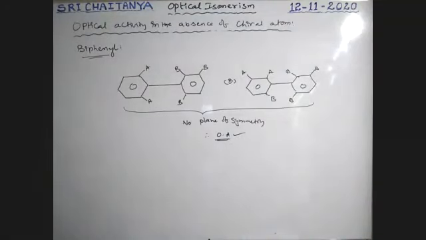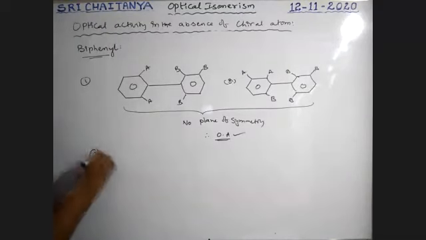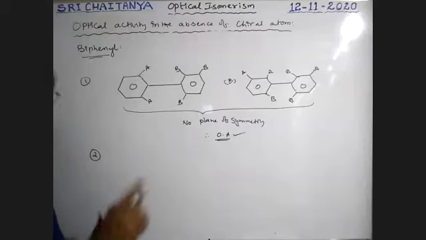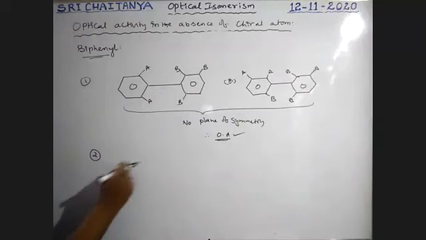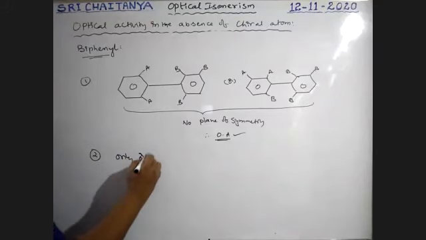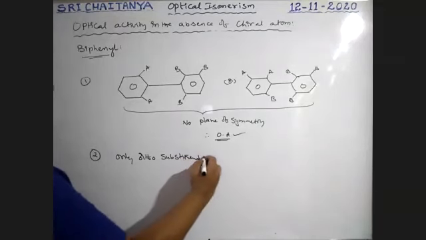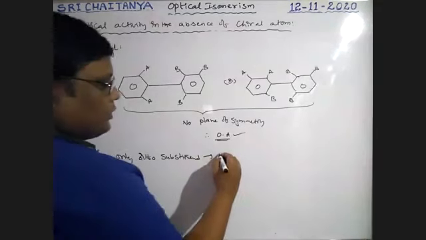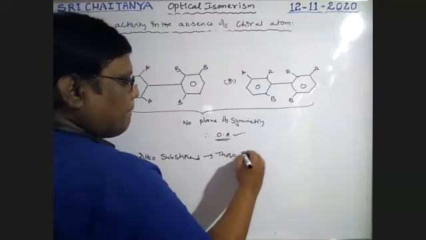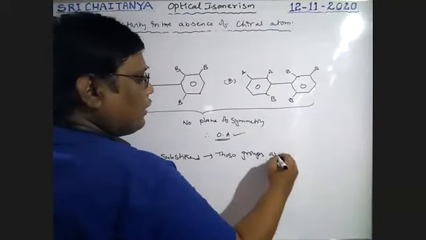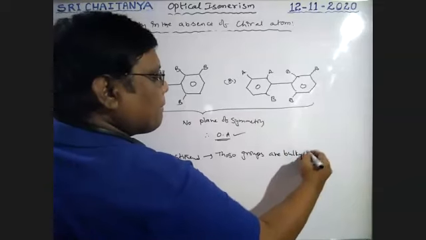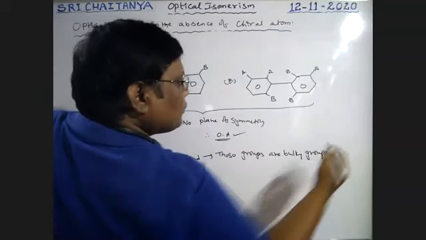Okay. Next, it is the first case now. In case of the second case, ortho substituents. Both the rings have ortho substituents, boys. See here, only ortho substituents, and those groups are bulky groups.